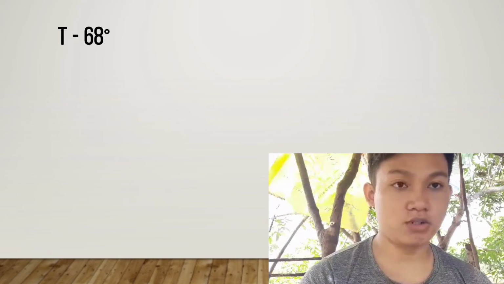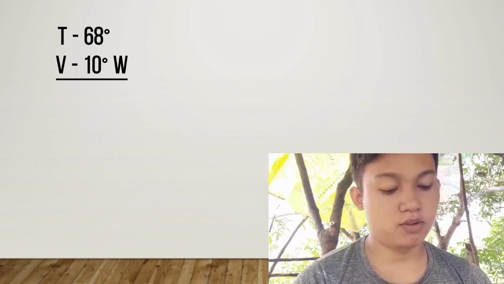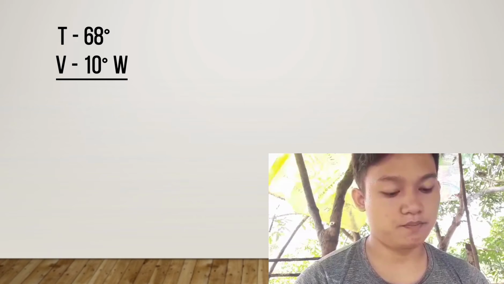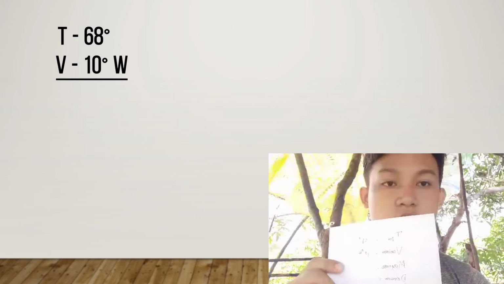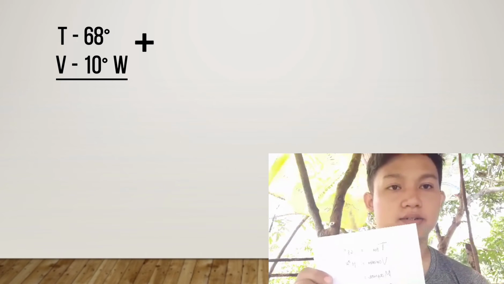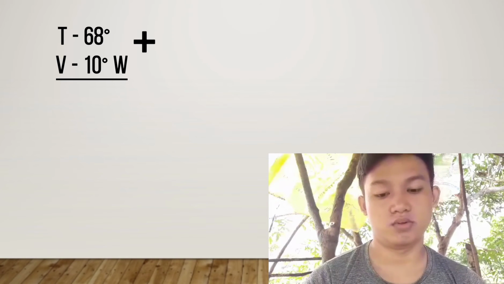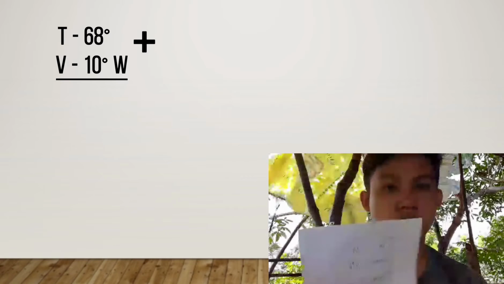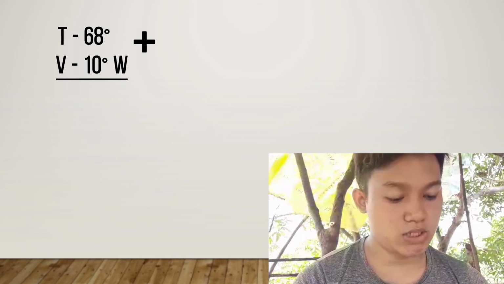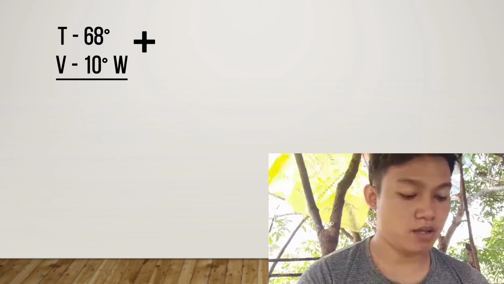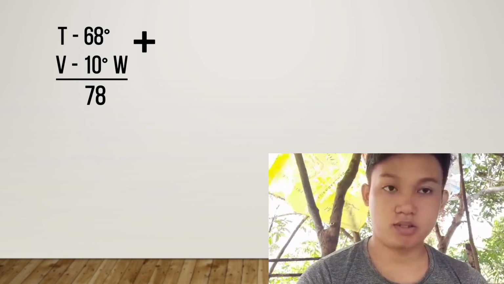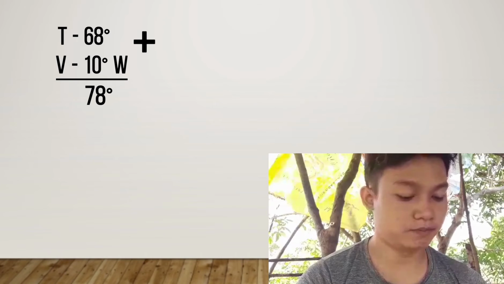Assuming that variation is 10 degrees west, since it is west, we need to add. 68 added by 10 is 78 degrees.